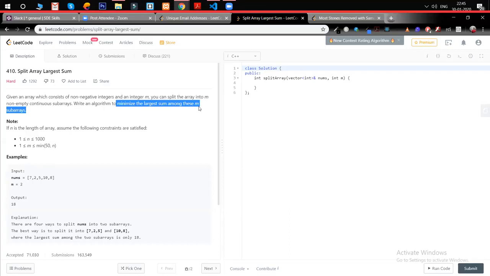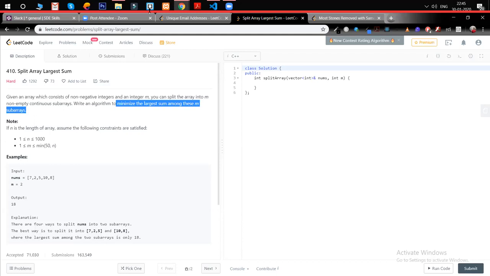So the main task is to minimize the largest sum of these subarrays, and we have to partition it into m different contiguous subarrays, and the subarrays should be non-empty. So it's a simple question of DP, and Puneet will introduce the approach and solution.